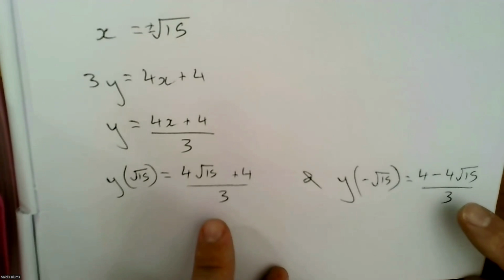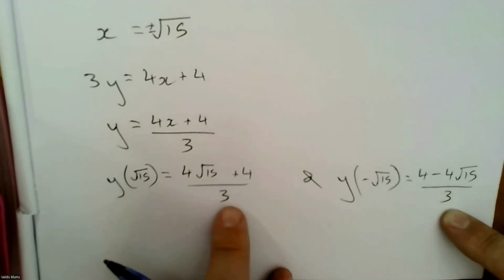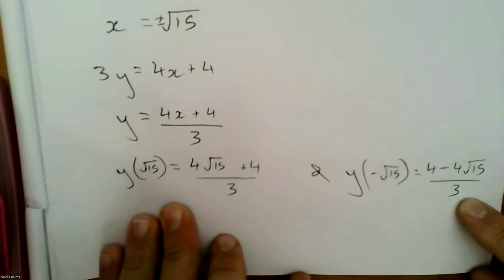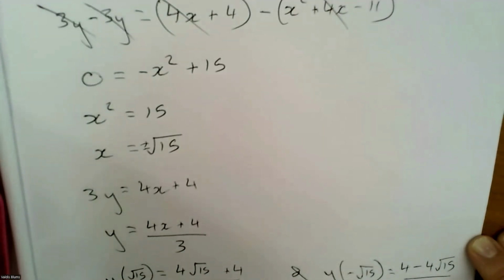Now I can either use these as equations in my set of coordinates, or I can use the decimal value in my set of coordinates. So I'll show you what both of those options look like.